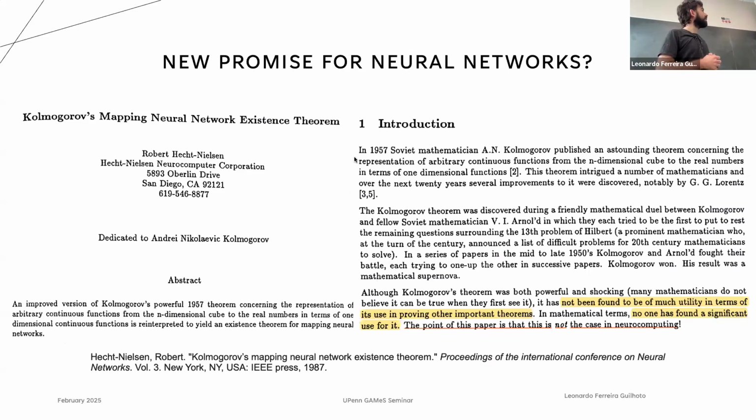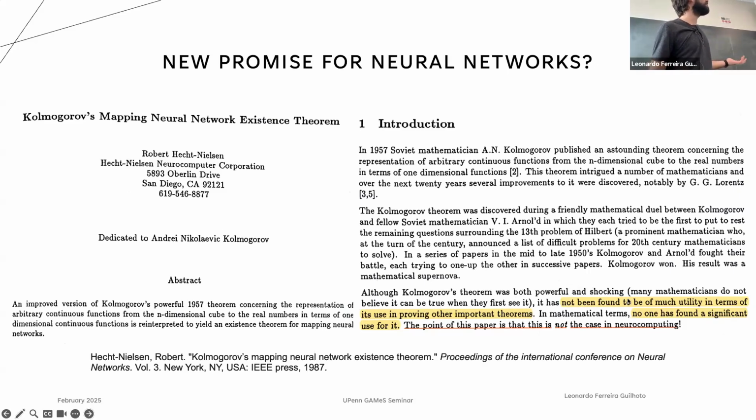And indeed, several years later, already 3 decades later, there was a researcher called Hecht-Nielsen that really tried to pioneer the use of this theorem for neural network applications. So this is something that's been going on for about 40 years. And you can see over here, I think this is really interesting, although Kolmogorov's theorem was both powerful and shocking, many mathematicians do not believe it can be true when they first see it.